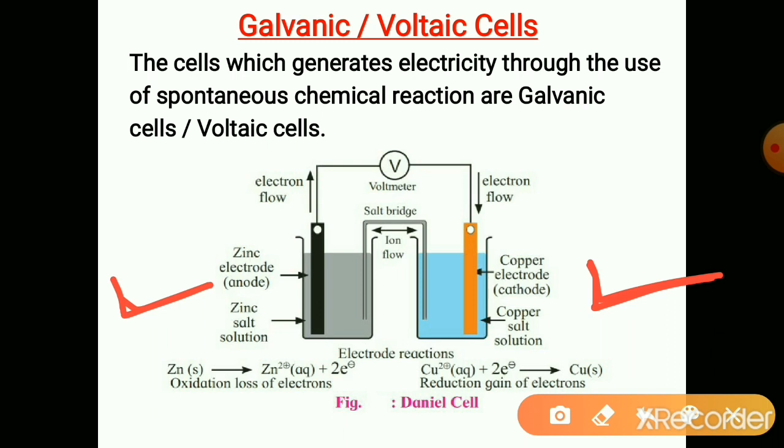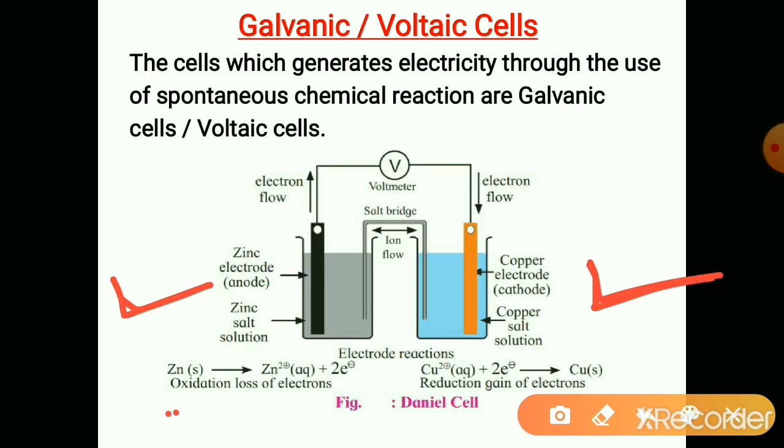You can read the electric current, and the cell potential, on that voltmeter in volts. So this is about the construction.